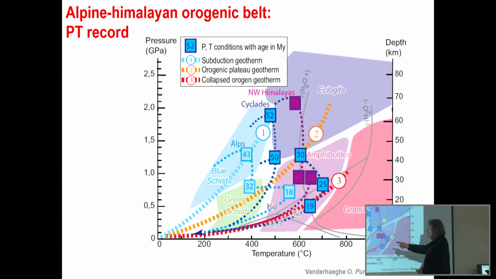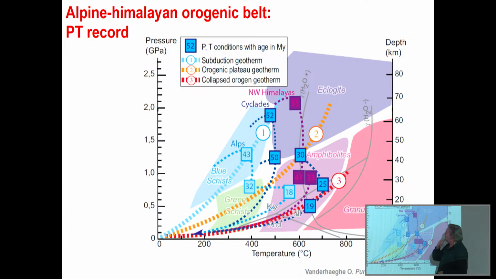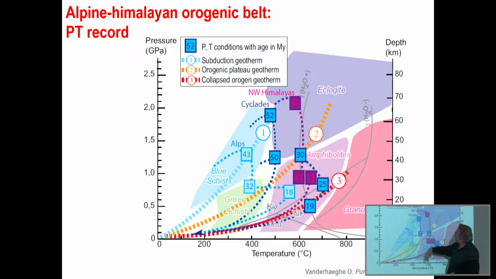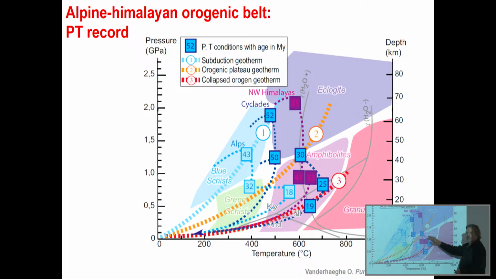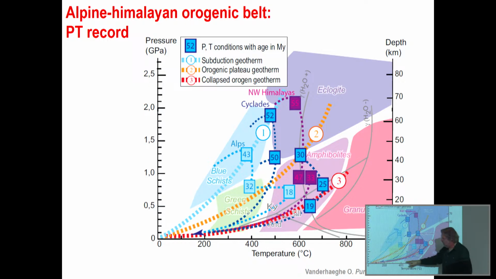So let's now synthesize the PT paths recorded by the different rocks that we've seen. The Western Alps, in blue: burial, exhumation. The Cyclades: burial, exhumation. The Northwest Himalayas: burial even deeper, isothermal decompression, and a hint of thermal relaxation, increase in temperature, and then final cooling and decompression.